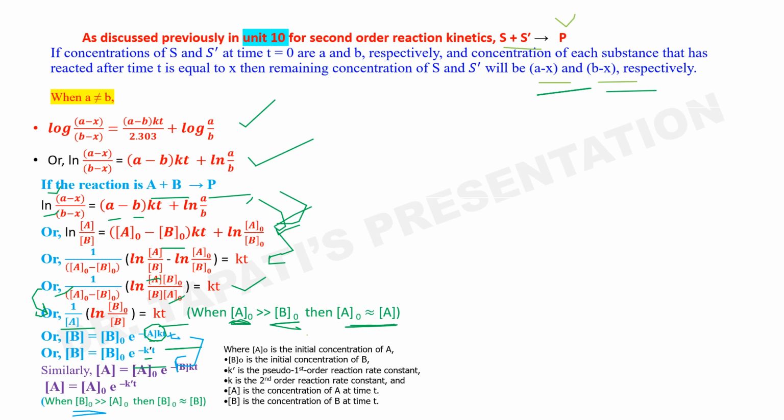In that case, B0 is equal to almost B; the initial concentration of B is equal to the final concentration of B. So in this equation, A0 is the initial concentration of A, B0 is the initial concentration of B, K prime is the pseudo first order reaction rate constant, and K is the second order reaction rate constant. A is the concentration of A at time t, and B is the concentration of B at time t.